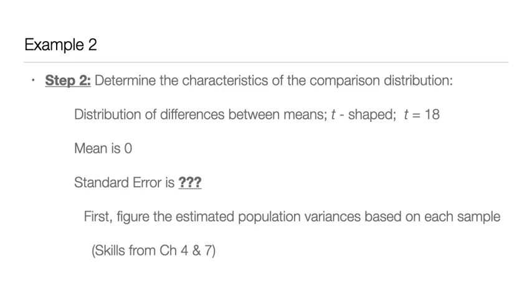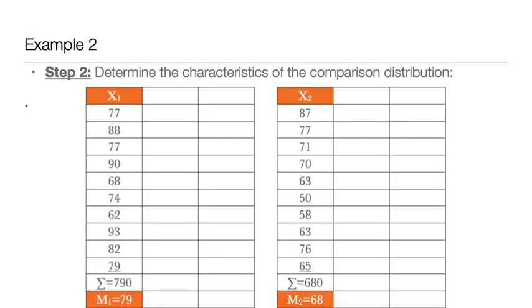And again, we're going to have to estimate that standard error based on our estimated population variances that we'll do from each sample. Again, these are our skills from chapter 4 and chapter 7. So we have to first calculate the sums of squared for each of these.